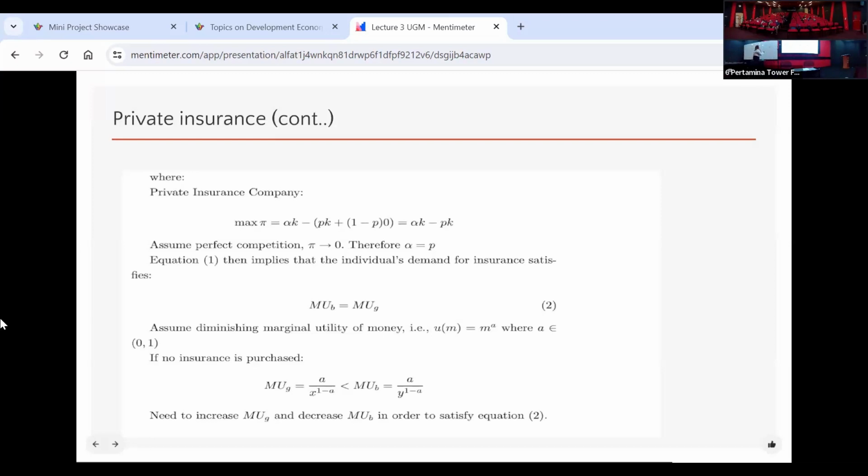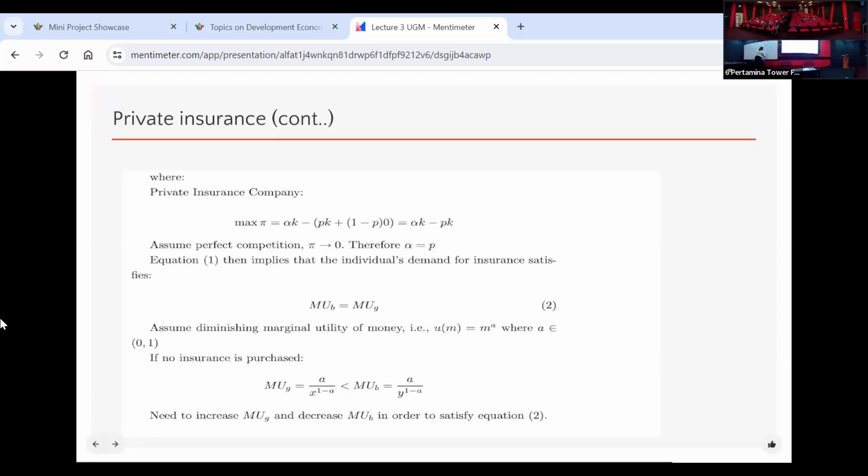So imagine U of m is equal to m to the power of a. And in our case, money, U of x is equal to x to the power of a.